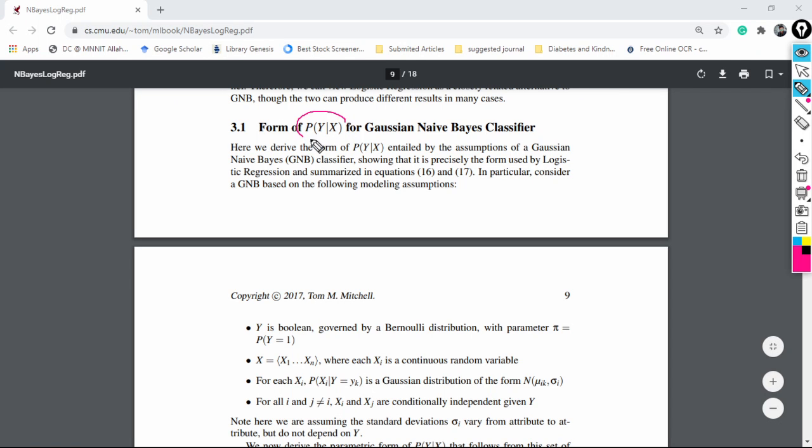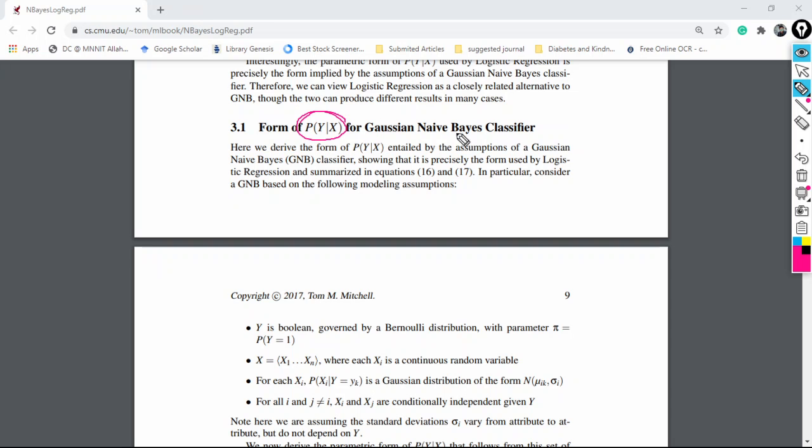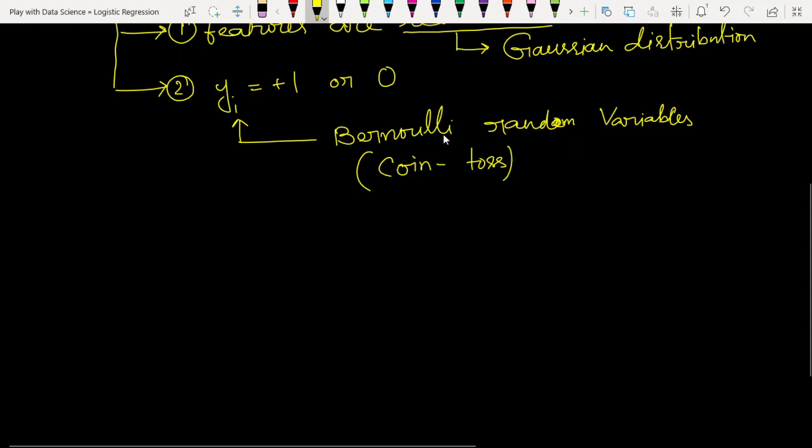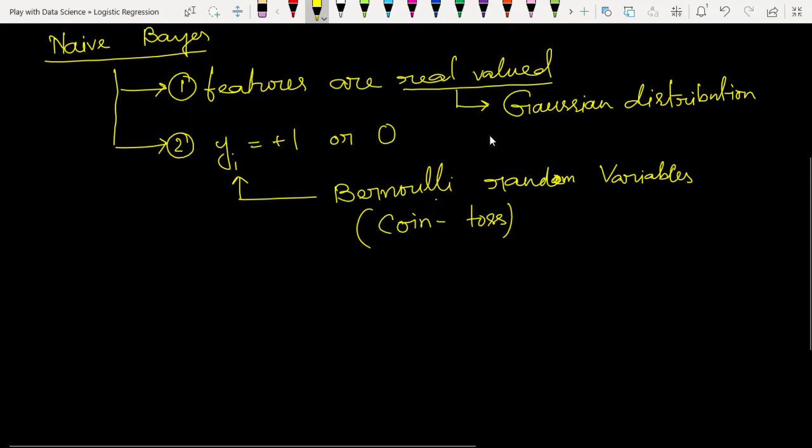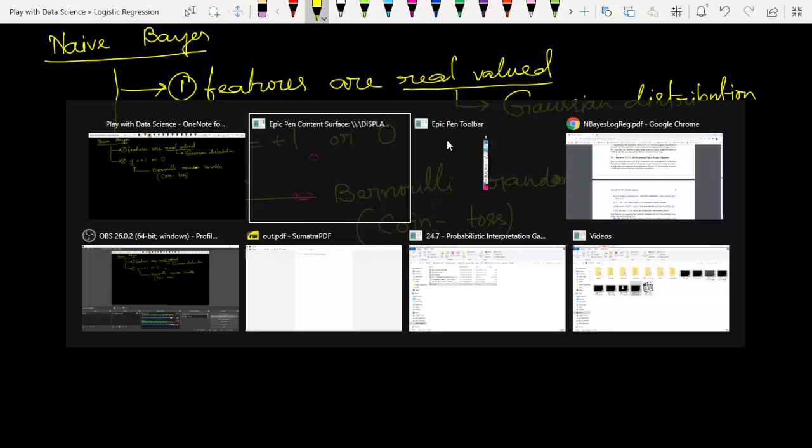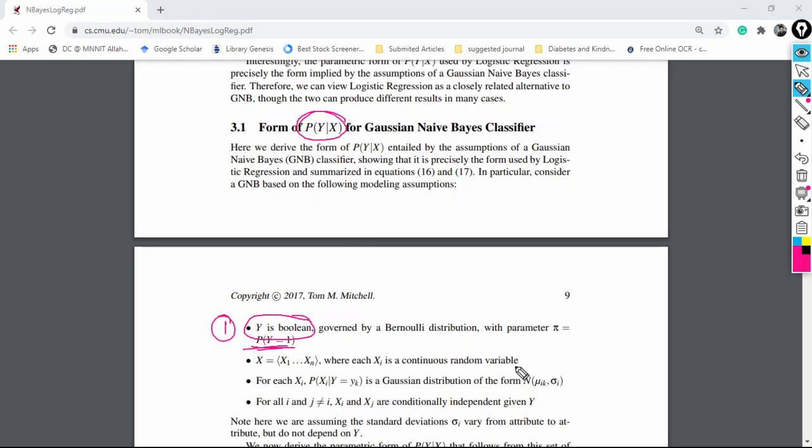For Gaussian naive Bayes, they assume y is Boolean, with a Bernoulli distribution with parameter pi equal to P of y equals 1, and the x's are continuous random variables, as we discussed: our features are real valued and obey the Gaussian distribution.